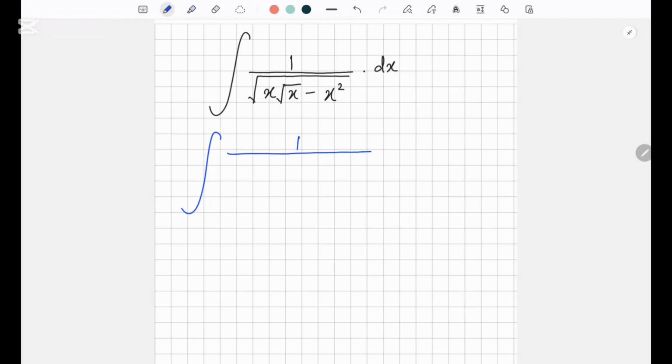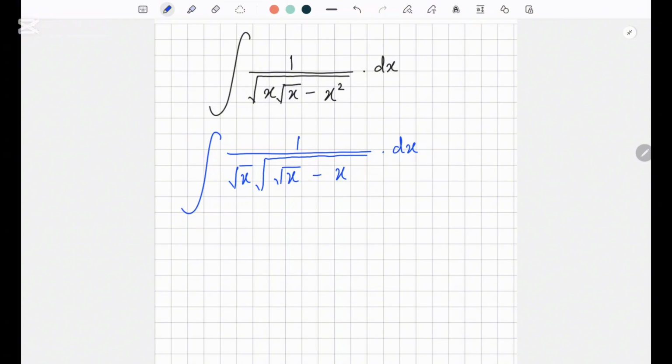If I take x out of the denominator, since we have x here and x squared there, you can factorize x. When you factorize x out of a square root, it becomes root x into root x minus x. This is the factorized format.